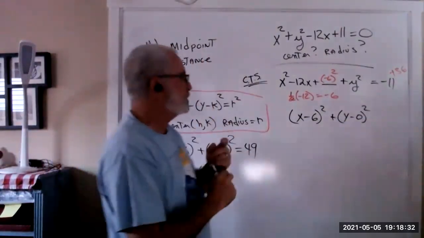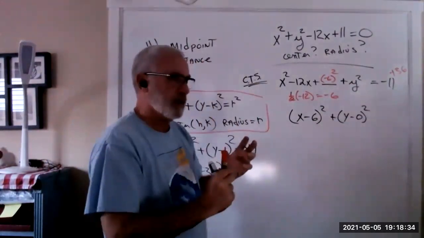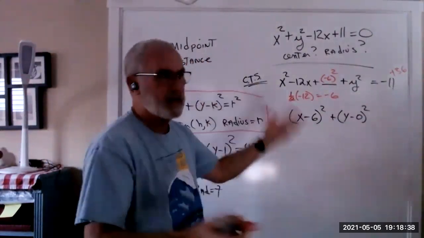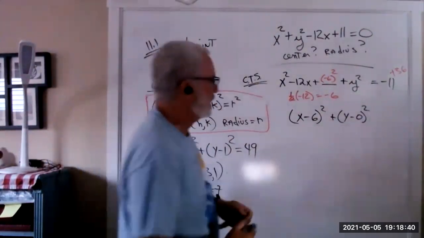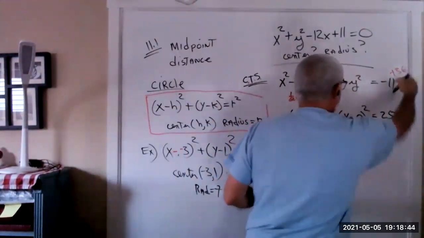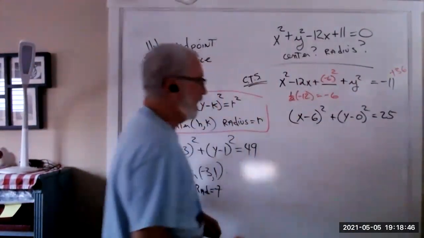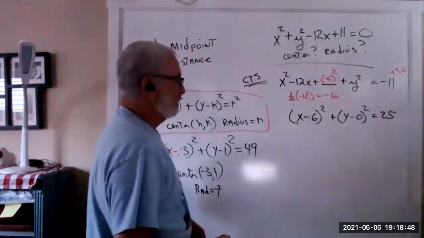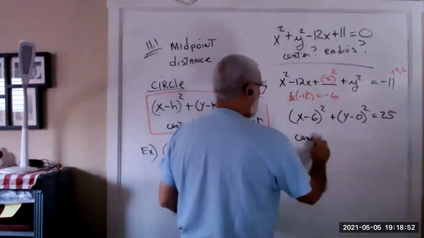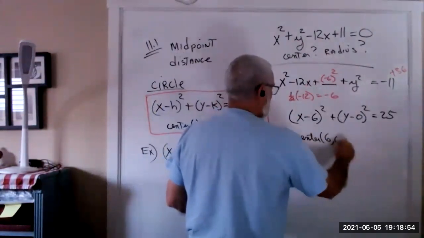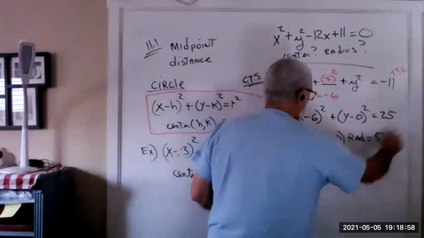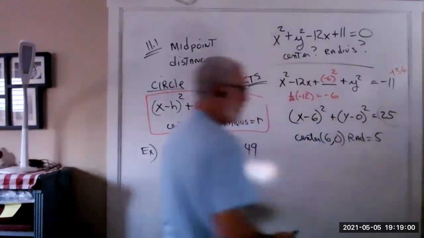And we did a problem like that a little bit last night, and I'm showing you it again tonight. Over here equals 25. Negative 11 plus 36 is 25. Okay, so our center should be 6, 0. Our radius should be 5 because of the 25.